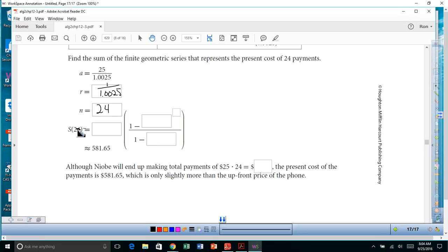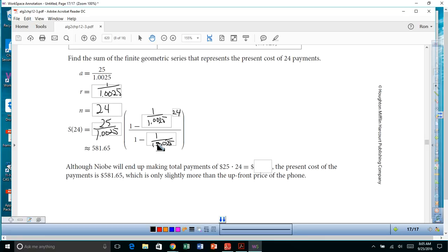So the sum of 24 would be 25 divided by 1.0025, times 1 minus 1 over 1.0025 to the 24 months, all over 1 minus 1 over 1.0025.